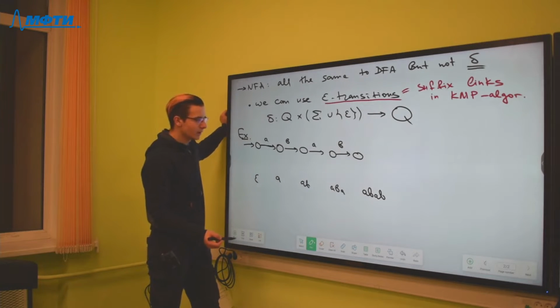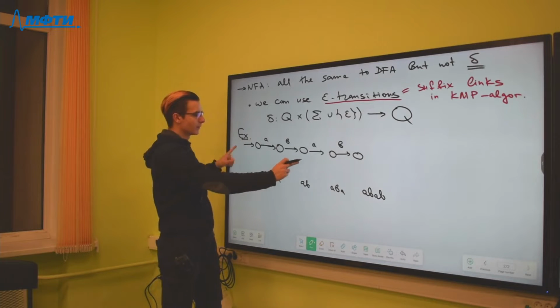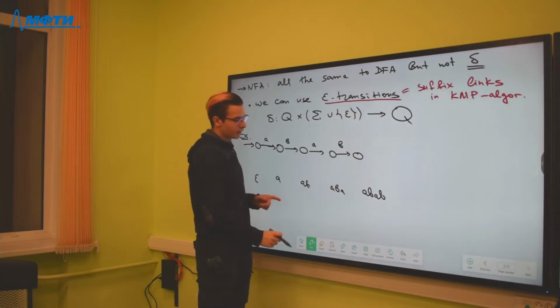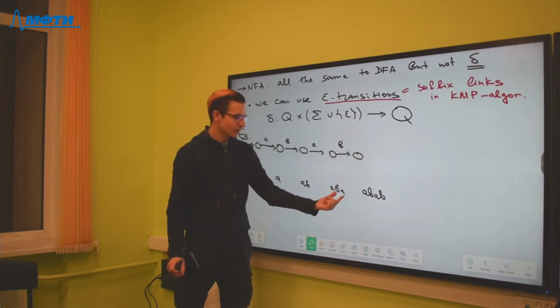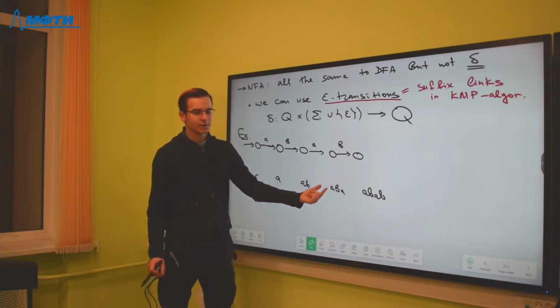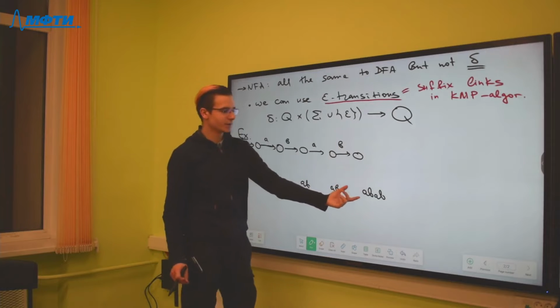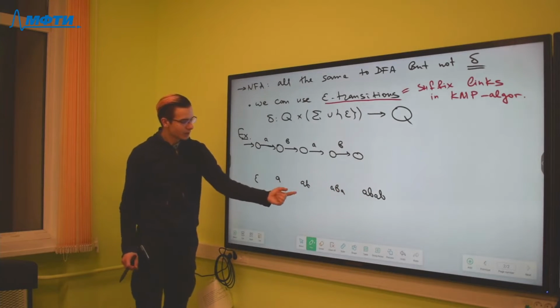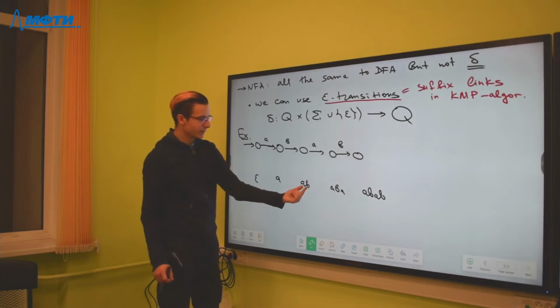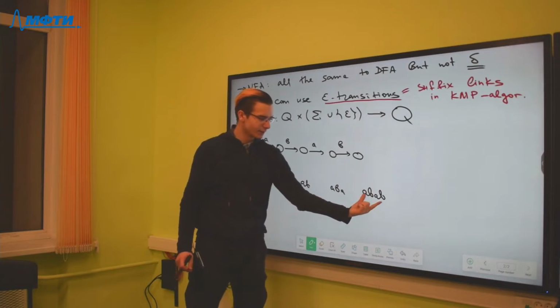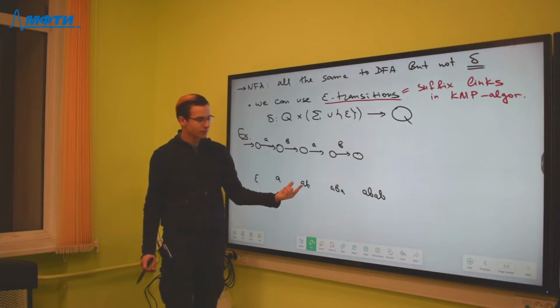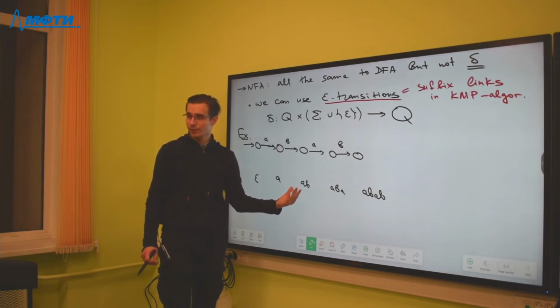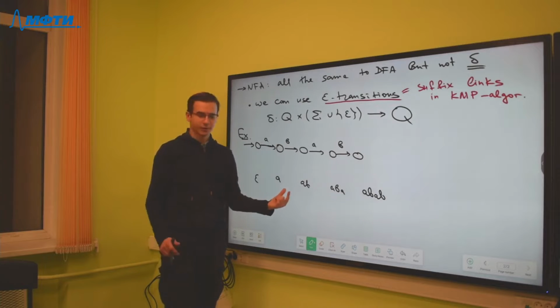The suffix link is the connection between the word that we have here and the longest suffix of it that is equal to a prefix of this word. So, for example, for this word, we have no suffix equal to a prefix of it that is not equal to the whole word.